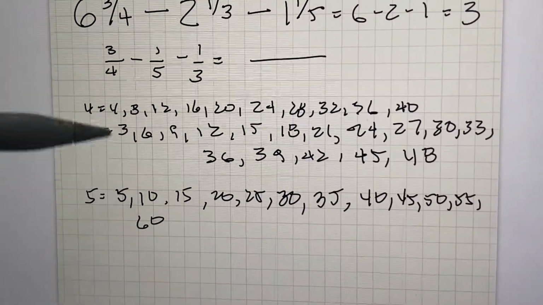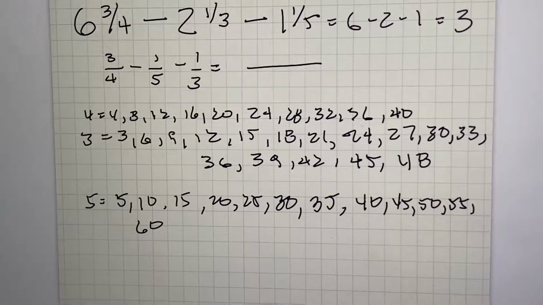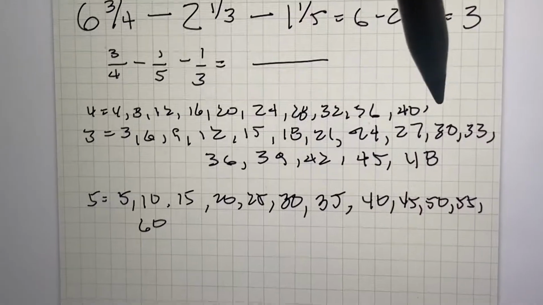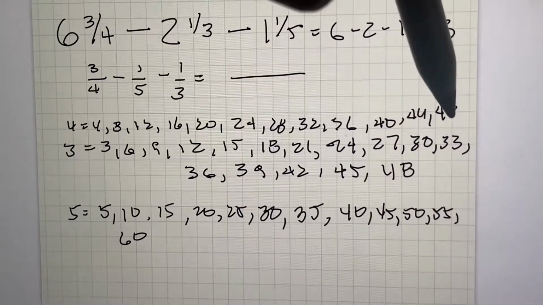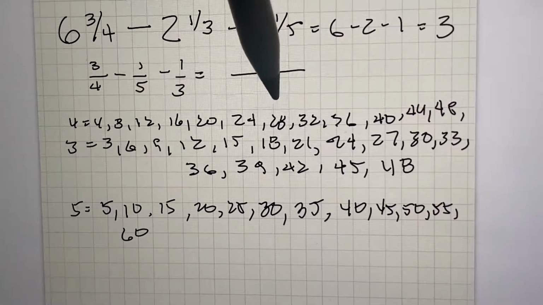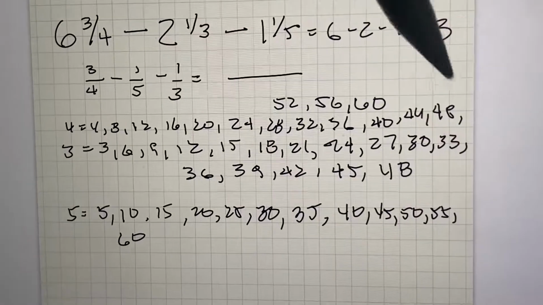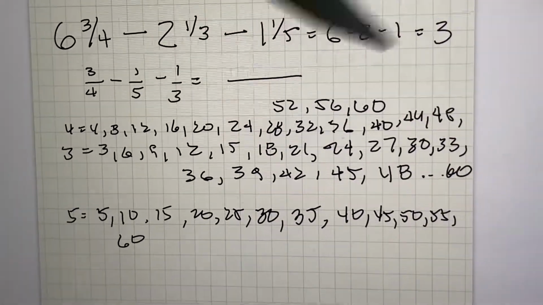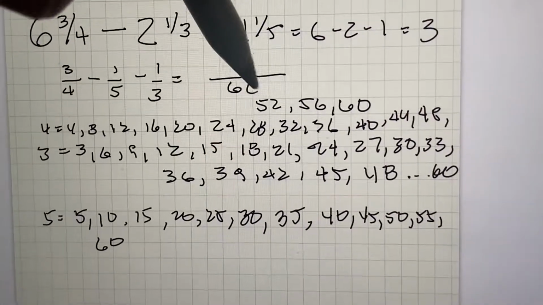Between 3 and 5 it would be 15, and 30. But if we extend 4, I can say 44, 48, 52, 56, and 60. And if I continue with 3, I go to 60 as well. So the least common multiple for all 3 is actually 60 in this case.